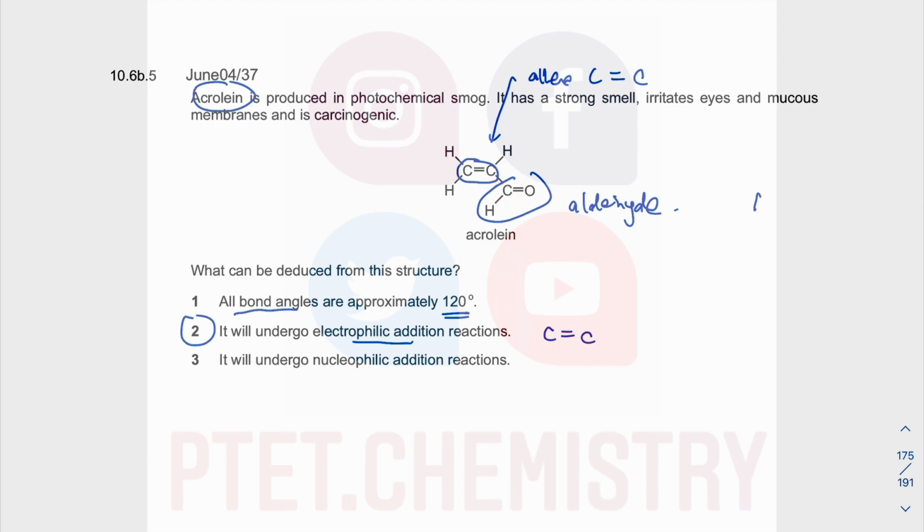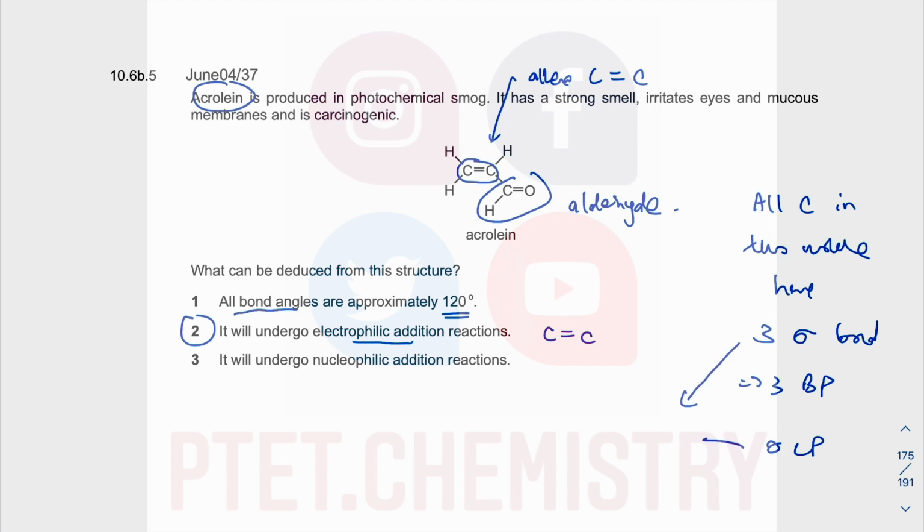Why did I talk about sigma bond there? Okay, all carbon in this molecule have 3 sigma bonds. So we talk about 3 bond pair and 0 lone pair because the carbon in each of these already form 4 covalent bonds. When you count the covalent bonds, you include the pi bond. When you count the sigma bonds, which give you the bond pairs, you don't count the pi bond. 3 bond pair, 0 lone pair.